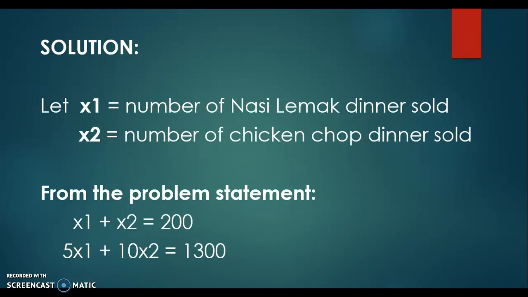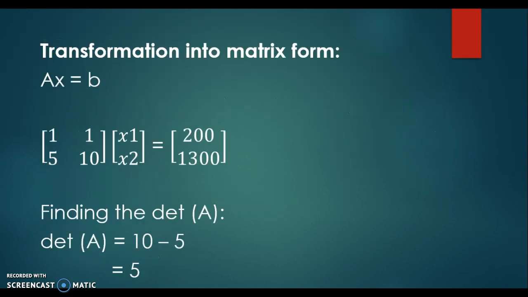First, we let x1 equal the number of nasi lemak dinners sold and x2 equal the number of chicken chop dinners sold. From the problem statement, we can construct two equations: x1 + x2 = 200 and 5x1 + 10x2 = 1,300.